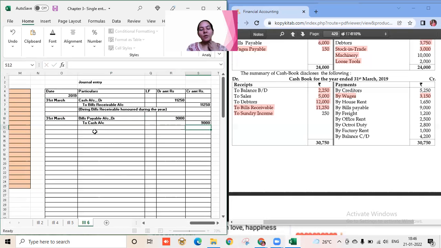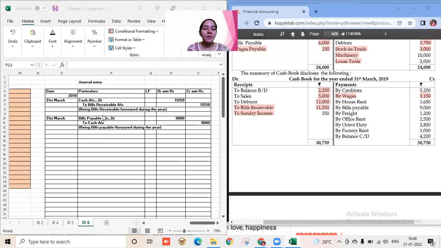That's what is coming to the cash book credit side. So being bills payable honored during the year 9,000.